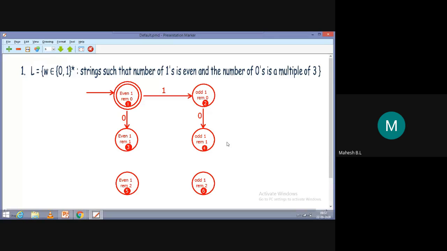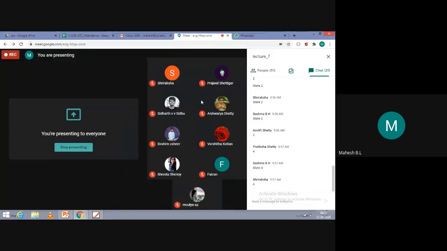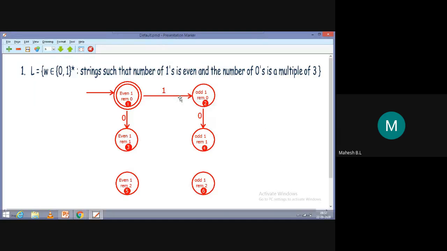Then in state 2, on 1, what transition do you need to make? Let's make it fast. State 2, input symbol is 1. To which state do you need to make the transition?